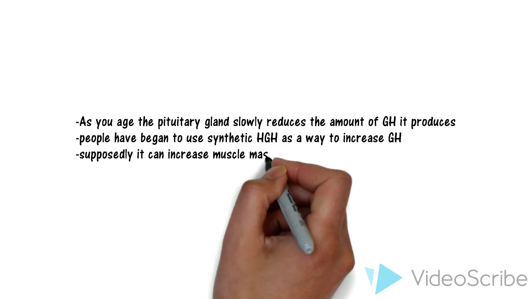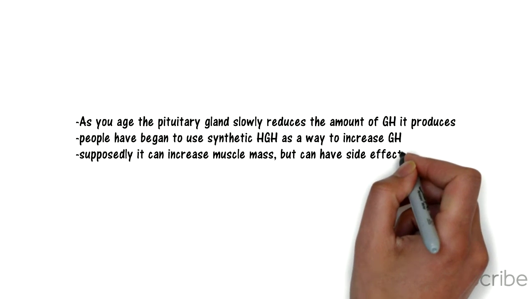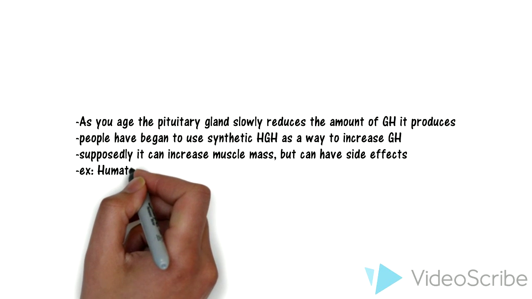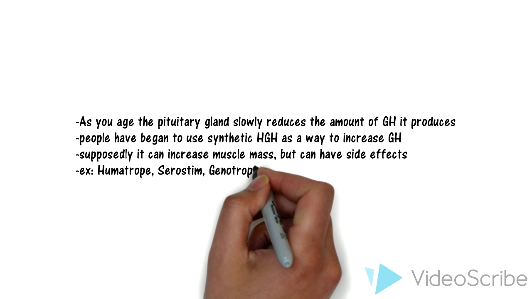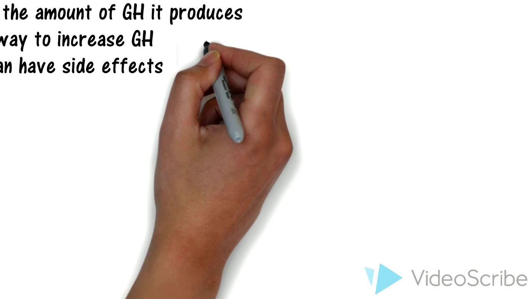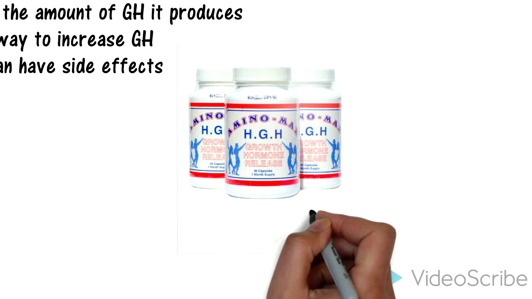And this is supposedly supposed to help with increasing muscle mass and size. And examples of this are shown. Although this has some dangerous side effects such as rapid weight gain, swelling, and muscle or joint pain, so it should only be used for children who have a lack of growth hormone.